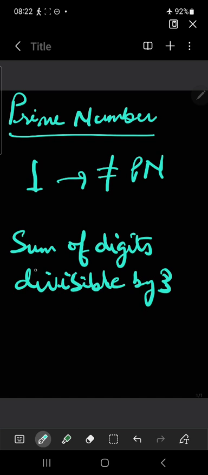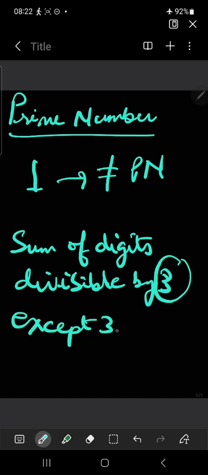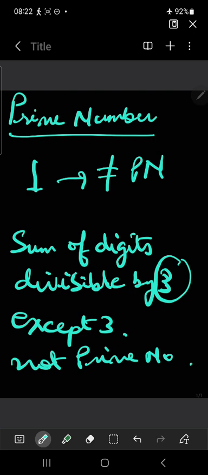So if we add the digits of a number and the sum comes out divisible by 3, except for 3 itself, then those numbers are also not prime numbers. In this way we can find prime numbers.